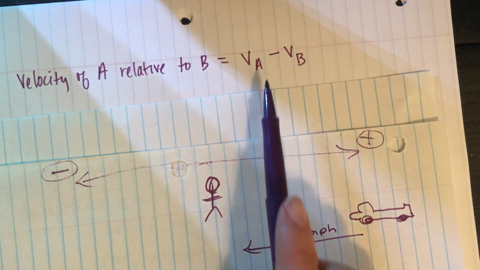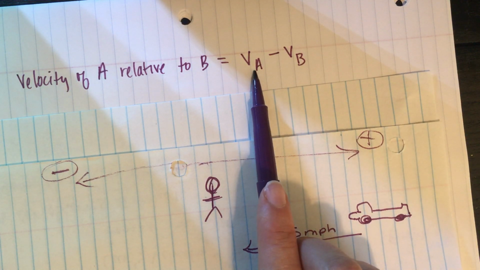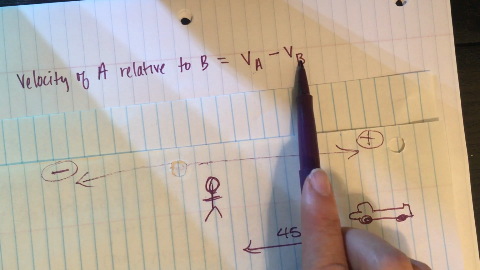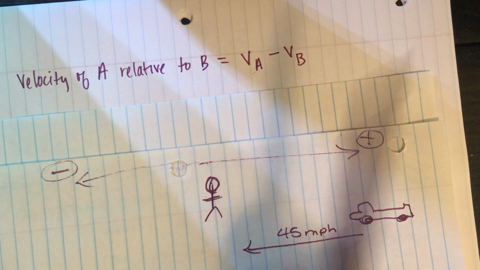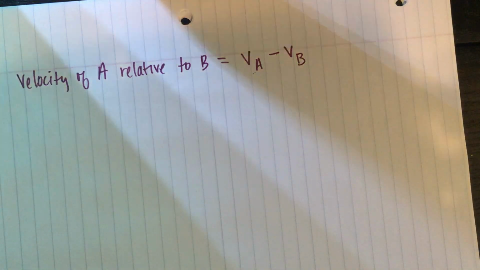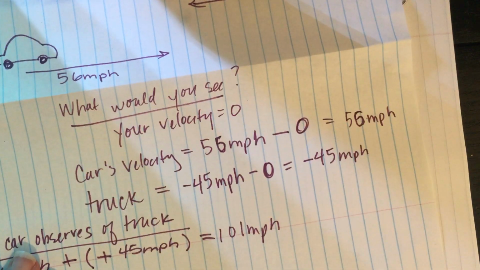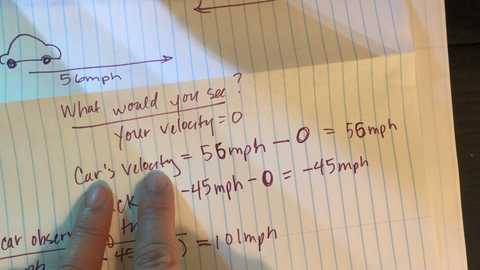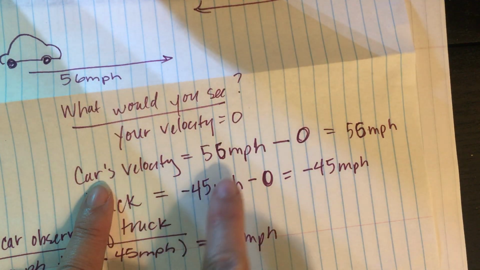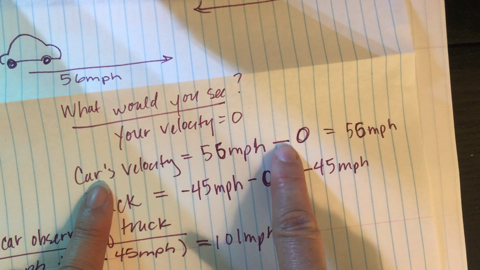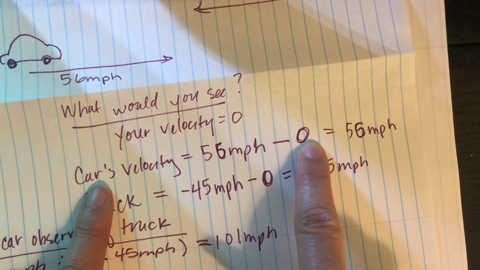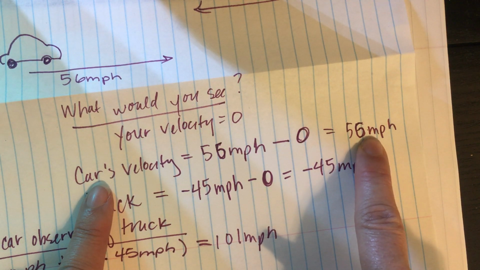Okay? So it's going to be the velocity of the car minus your velocity. So in order to figure out what the car's velocity is relative to you, it's the car's velocity minus your velocity, which in the end is going to be 56 miles per hour.